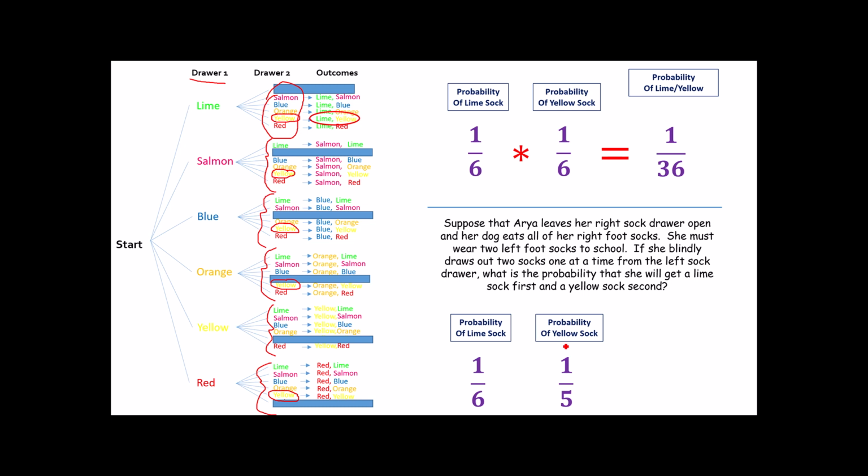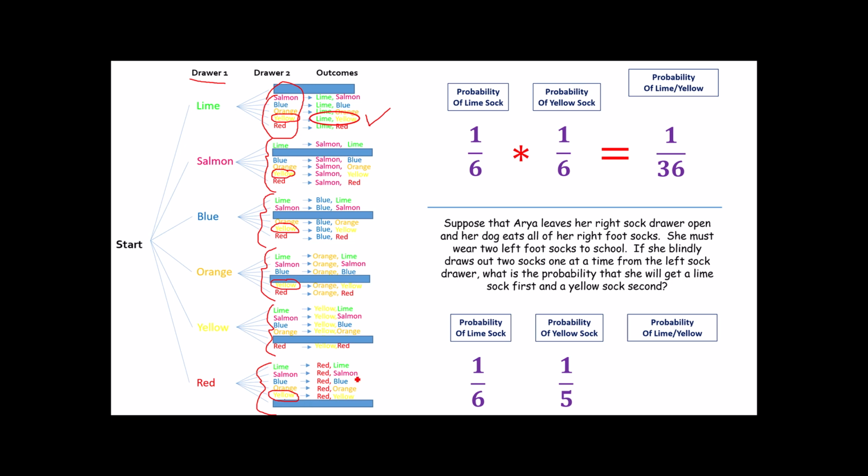Only 1/5 of those are going to be yellows, which means the probability of a lime followed by a yellow, that's this choice here, is 1 out of the 1, 2, 3, 4, 5, 6, 7, 8, 9, 10, 11, 12, 13, 14, 15, 16, 17, 18, 19, 20, 21, 22, 23, 24, 25, 26, 27, 28, 29, 30.